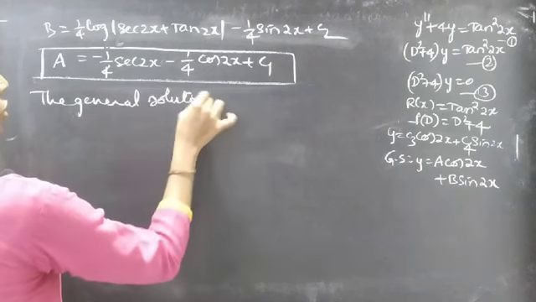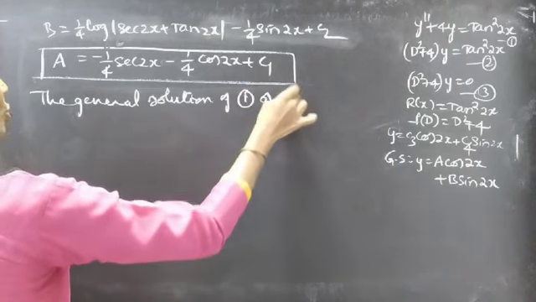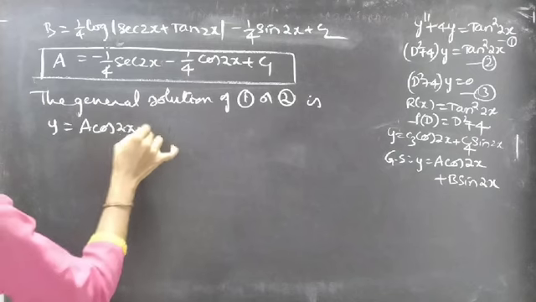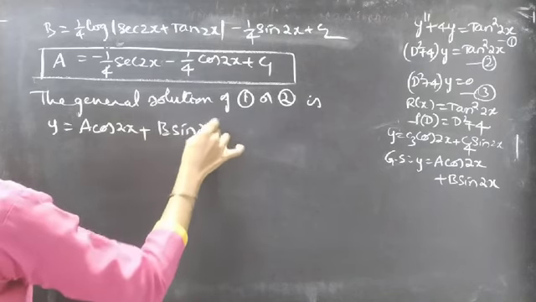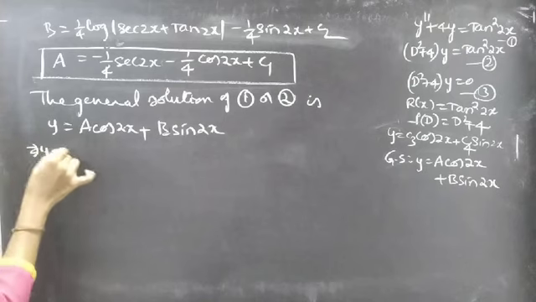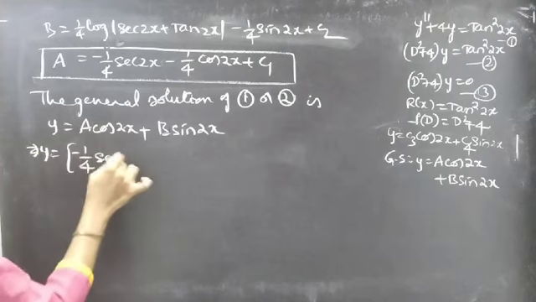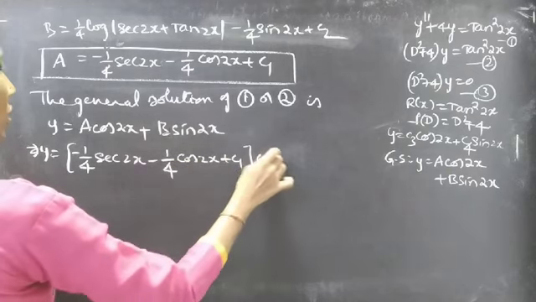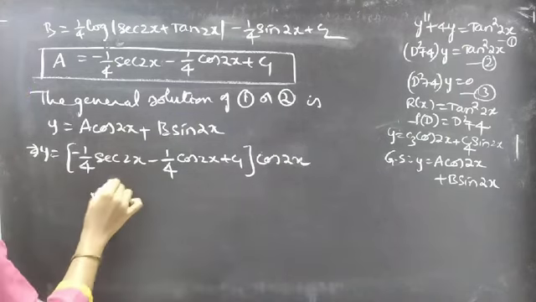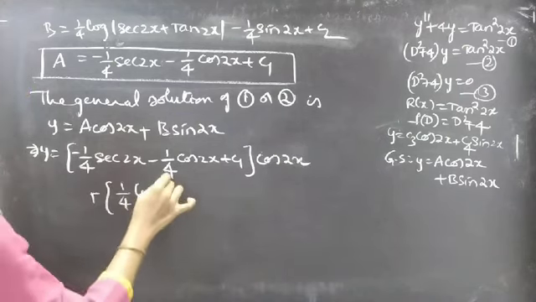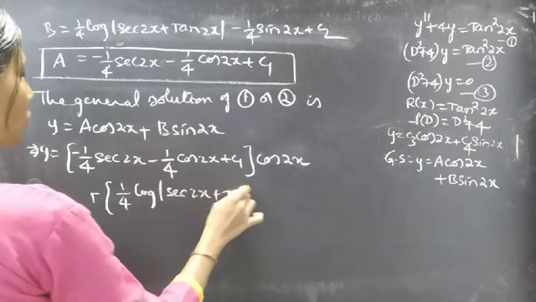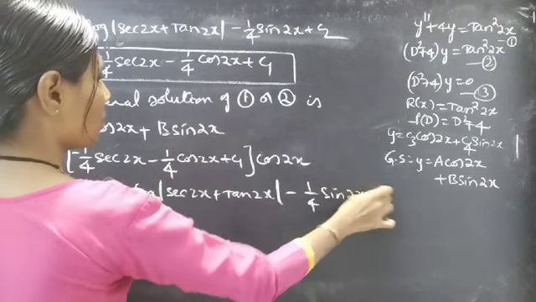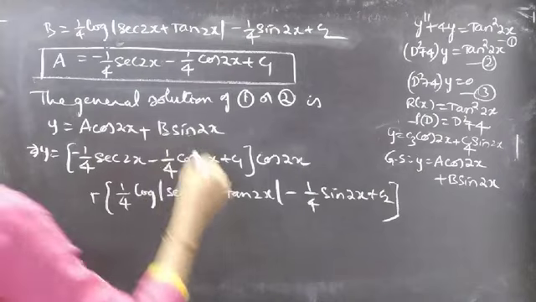The general solution of 1 or 2 is given by y equal to a cos 2x plus b sin 2x. Let's substitute a and b here. We'll get y equal to a, minus 1 by 4 secant 2x minus 1 by 4 cos 2x plus c1 into cos 2x plus b, 1 by 4 log mod secant 2x plus tan 2x minus 1 by 4 sin 2x plus c2 into sin 2x.